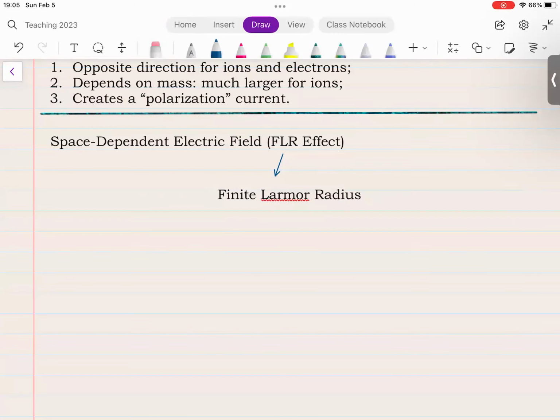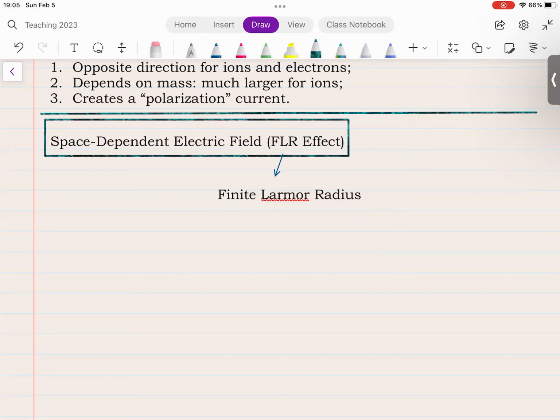Now, let's see what that means, and that is the reason why I'm going to briefly go over this piece, even though we're not going to really do the calculation in detail.